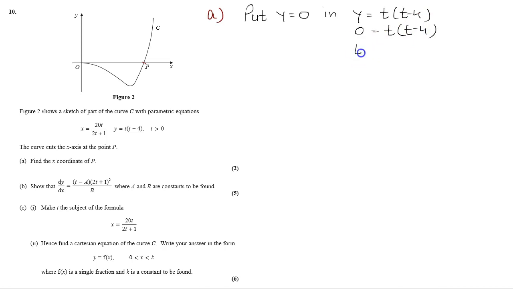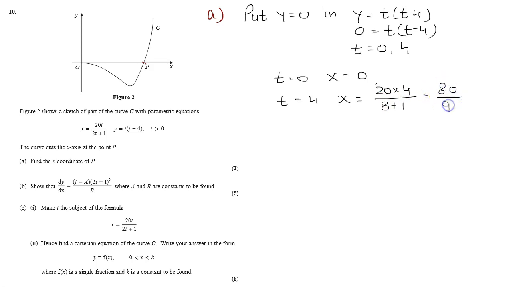So it means t will be 4. If t is equal to 0, x will be 0, and if t is equal to 4, x will be 20 multiplied by 4 over 4 times 2 is 8 plus 1, that is 80 over 9.